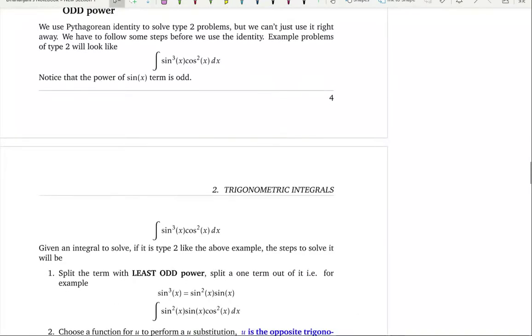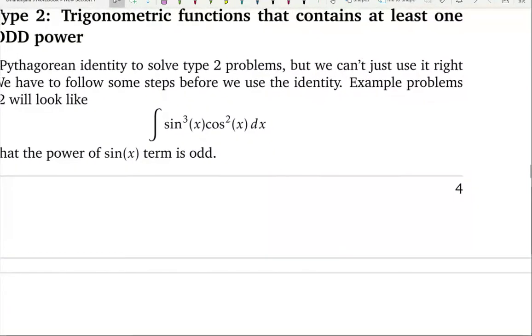So how about if your trigonometric function contains at least one odd power? How do you integrate here? Let's learn. When you have at least one odd power, you will not use the double angle identity. Remember that.